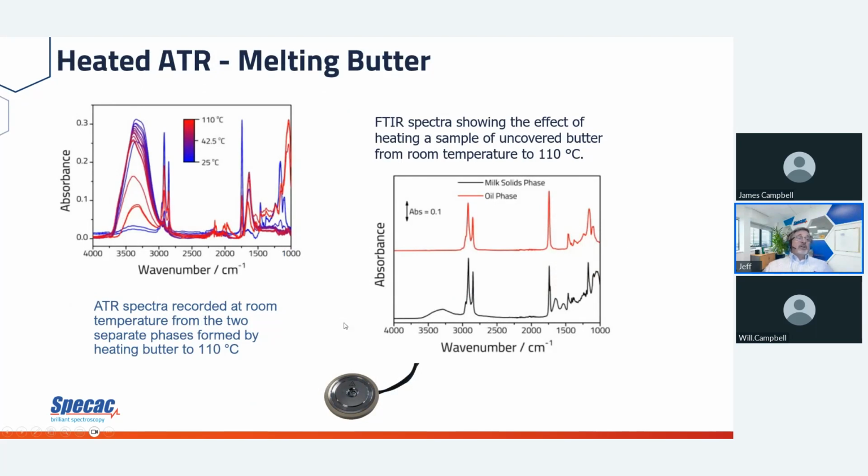Let's heat something up. I'm sure everybody uses butter or margarine, and it's basically an oil and water suspension. So we took some butter, put it on the heated puck, and this is all the data we collected. You can see the blues are at the lower stages, and the red, as it gets hot, you could see the data is changing. We just looked at that as the solid phase and the oil phase and the changes with that.